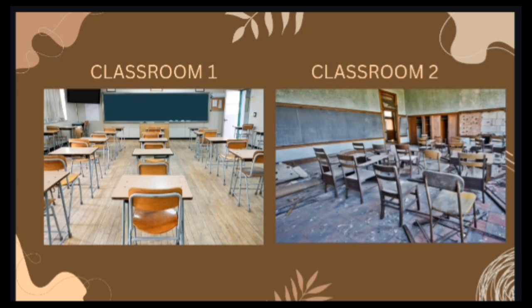So 6 is, is the classroom safe, clean, and orderly? We can see that classroom 1 is clean. Well, classroom 2 is really different from classroom 1, which is safe and clean. Classroom 2 is not.